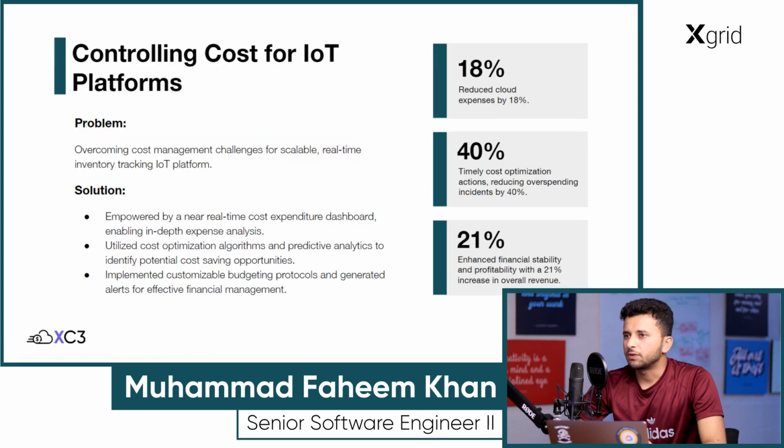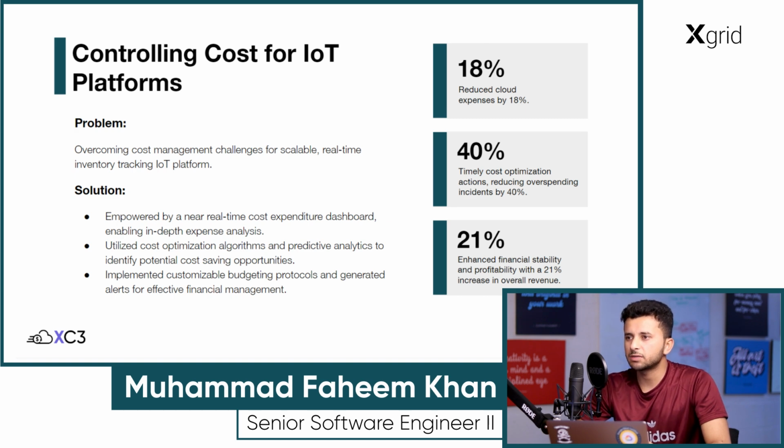Okay, now let's talk about some of our success stories. Some of our recent work involves working with an inventory tracking and management IoT platform that was struggling with scaling their infrastructure during this global recession. By utilizing XC3, we were able to successfully reduce their cost usage by 18% and enhance their financial stability with a 21% increase. We have shared the near real-time cost metrics of their different services and resources, providing in-depth analysis and cost-saving opportunities.